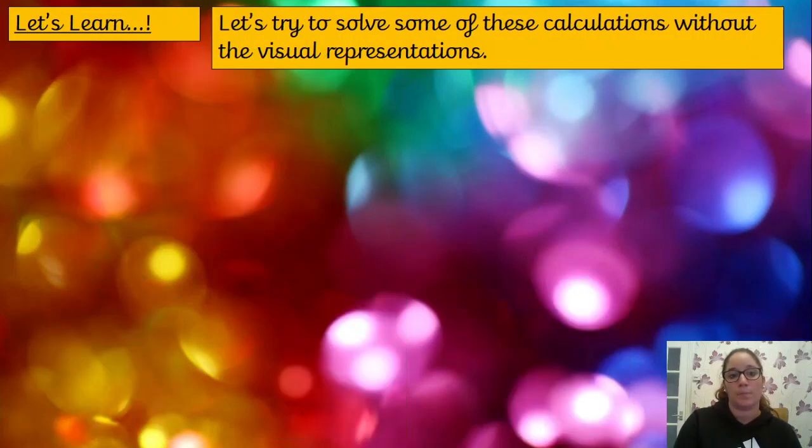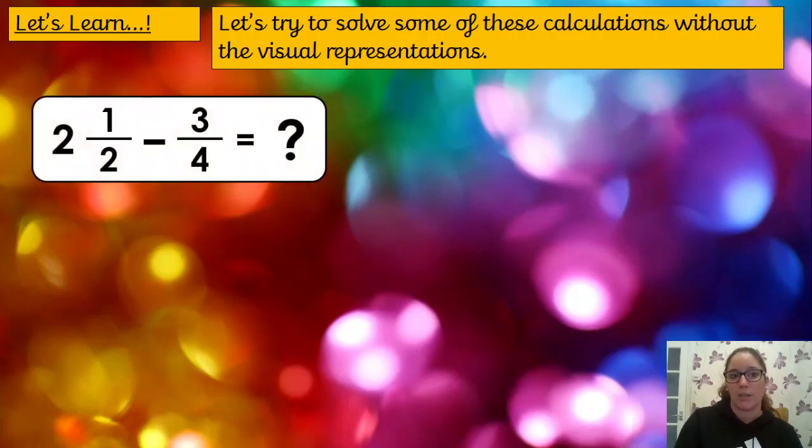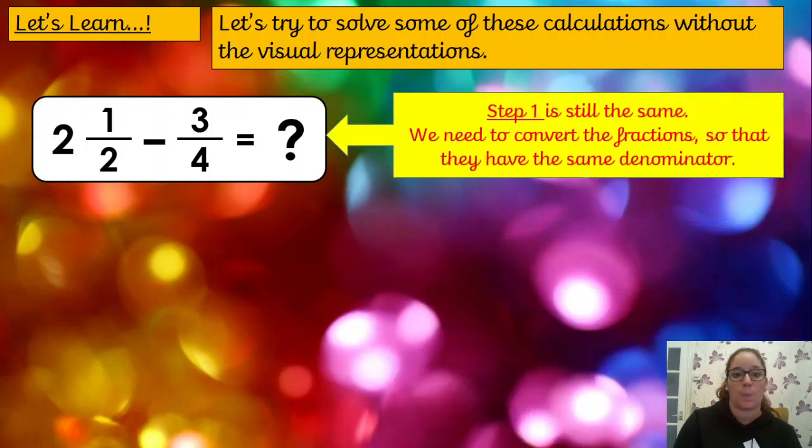Now we're going to try and represent these with just numbers, so abstract. Let's have a look. We've got 2 and 1/2 take away 3/4. Step 1 is still the same. We need to convert the fractions so that they have the same denominator.